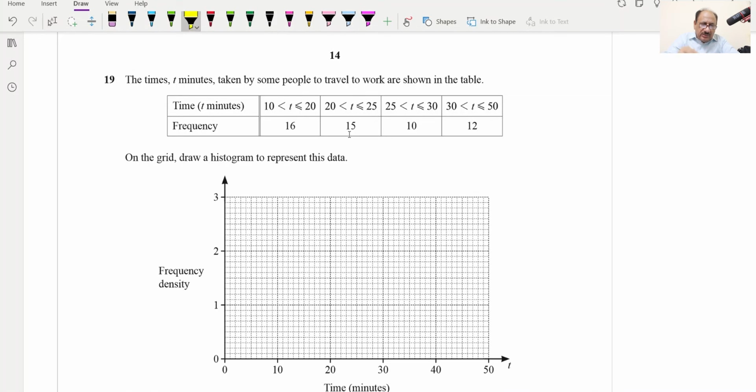Question number 19 says the times t minutes taken by some people to travel to work are shown in the table, and these are frequencies, these are times, time range 16, 15, 10 and 12. On the grid, draw a histogram to represent this data.